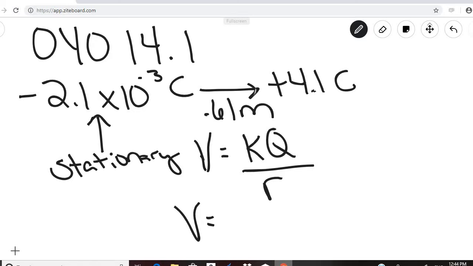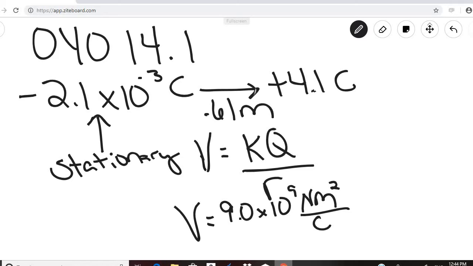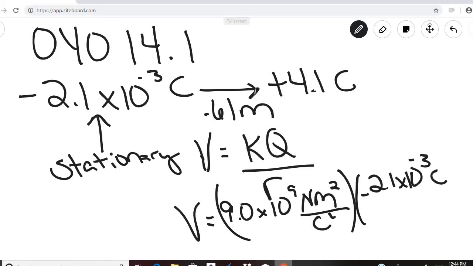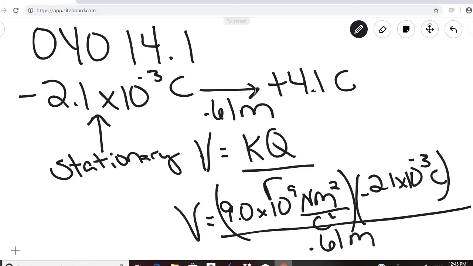So V is going to be equal to 9.0 times 10 to the 9th newton meters squared per coulomb squared times the stationary charge, which remember we include the sign now, negative 2.1 times 10 to the negative 3 coulombs, and then we will divide that by our radius, which is 0.61 meters. Okay, so one of these meters will cancel. One of these coulombs will cancel, and we'll be left with that there.